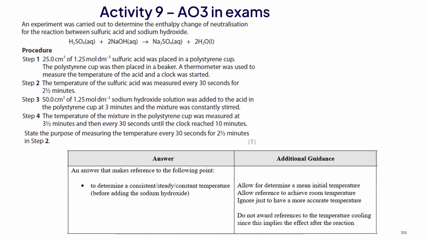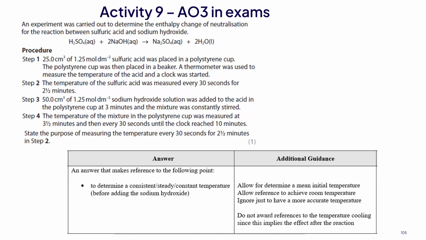The next one, state the purpose of measuring the temperature every 30 seconds for 2.5 minutes in step 2. And this, of course, is to determine a consistent or steady constant temperature before adding the sodium hydroxide.